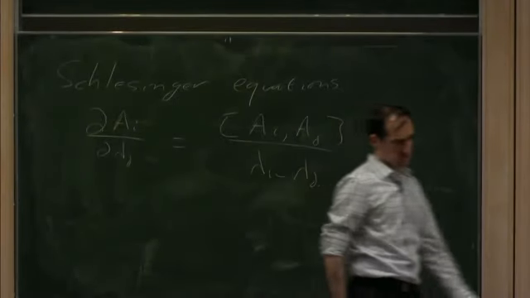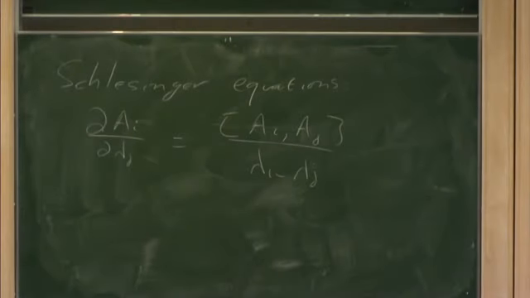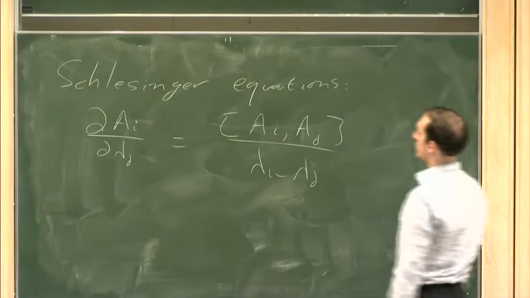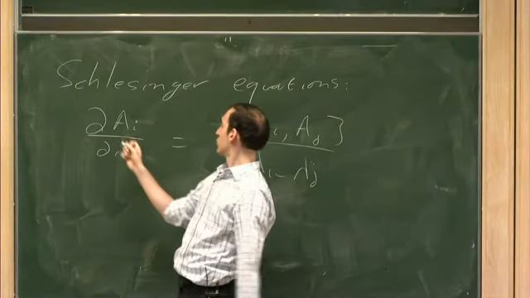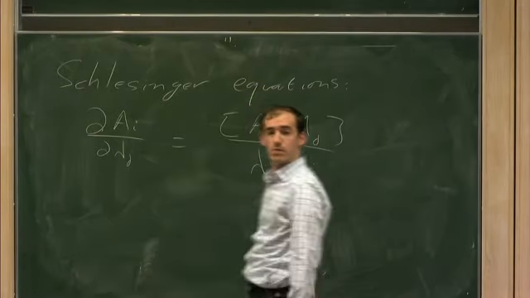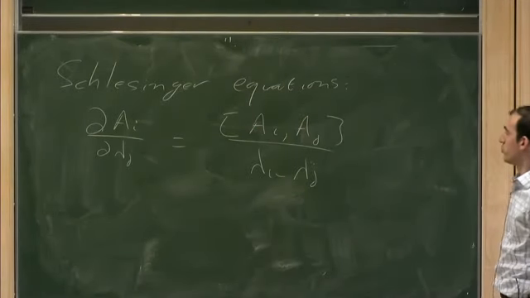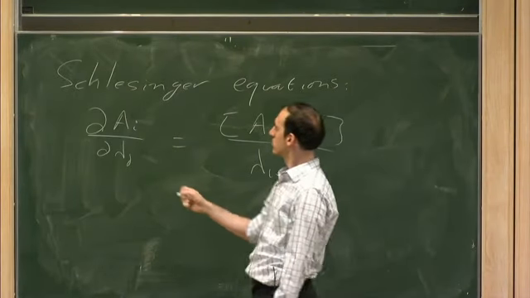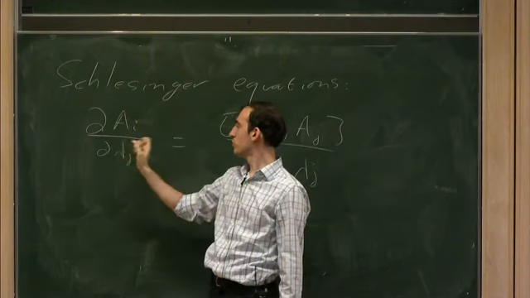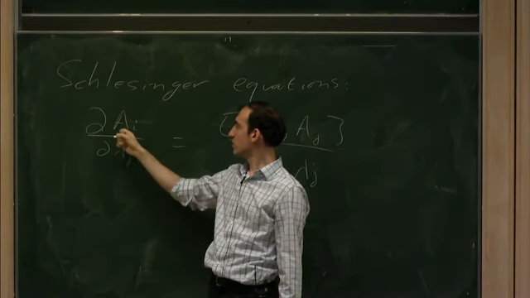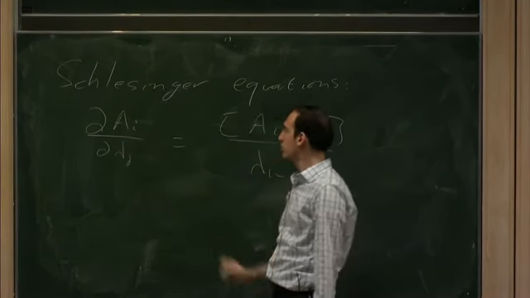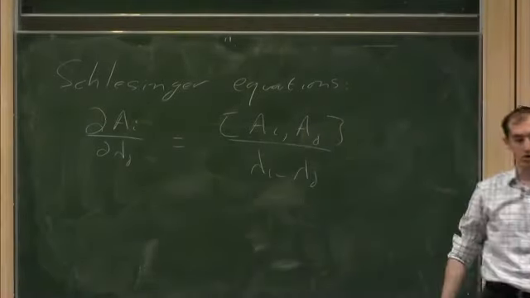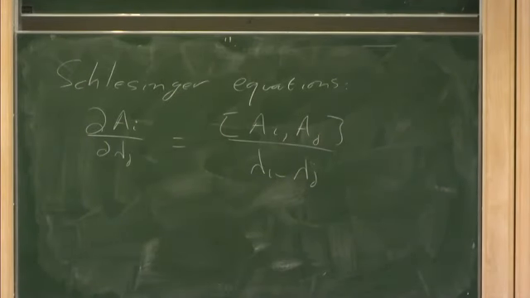It's a condition you can work out: a necessary and locally sufficient condition for preserving monodromy is that when you adjust the A's as you vary the lambdas, you take this partial derivative, which is expressed in terms of the bracket of A_i and A_j.